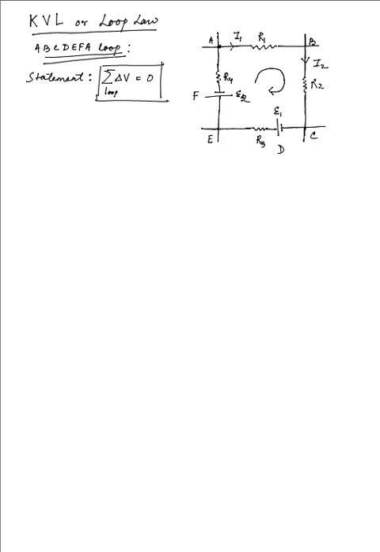The current across the wire CDE, I3, is taken from the sense CD towards E. And finally, we have a current I4 running downward from A towards F and finally towards E, along the line AFE.